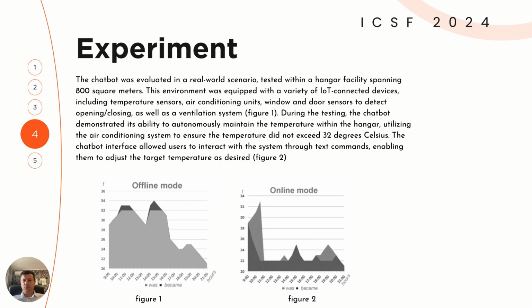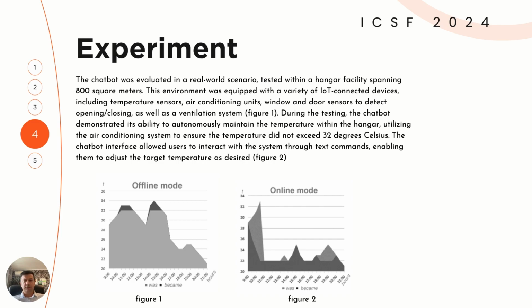The chatbot was evaluated in a real-world scenario, tested within a hangar facility spanning 800 square meters. The environment was equipped with a variety of IoT-connected devices, including temperature sensors, air conditioning units, window and door sensors to detect opening and closing, as well as a ventilation system, figure 1.